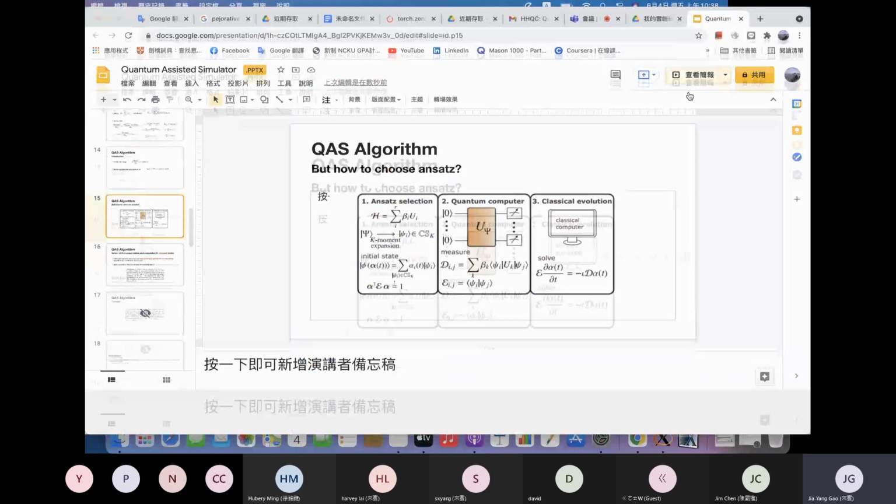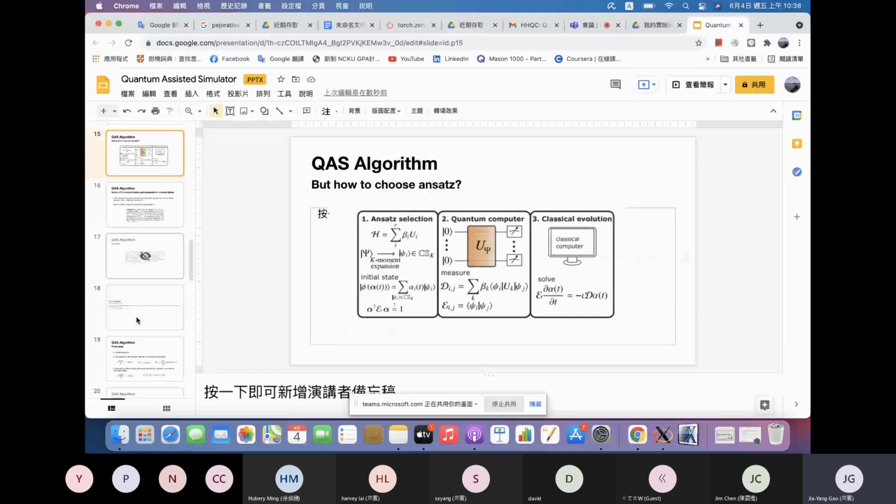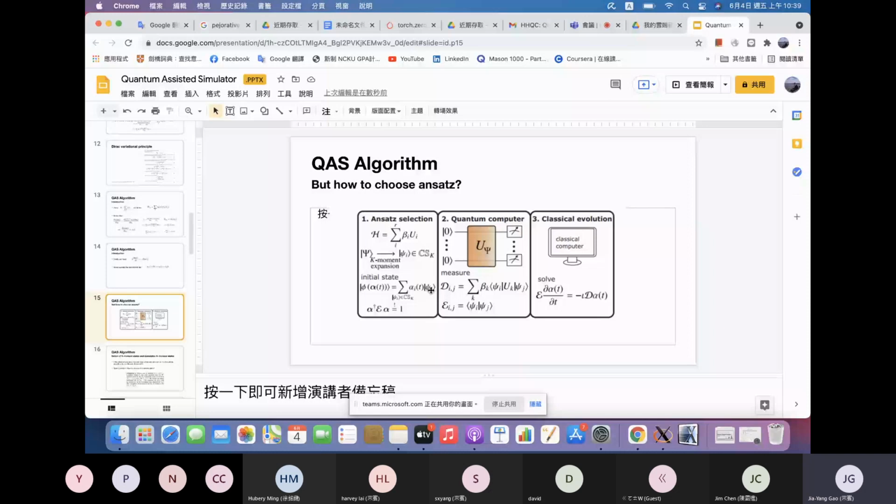This theta is in the ansatz, but it didn't evolve on this ansatz state. The theta is implicitly in the phi I, but it didn't train on it. It only evolved the alpha t. It didn't evolve the theta. So I think the role of the theta in this algorithm is not very clear.